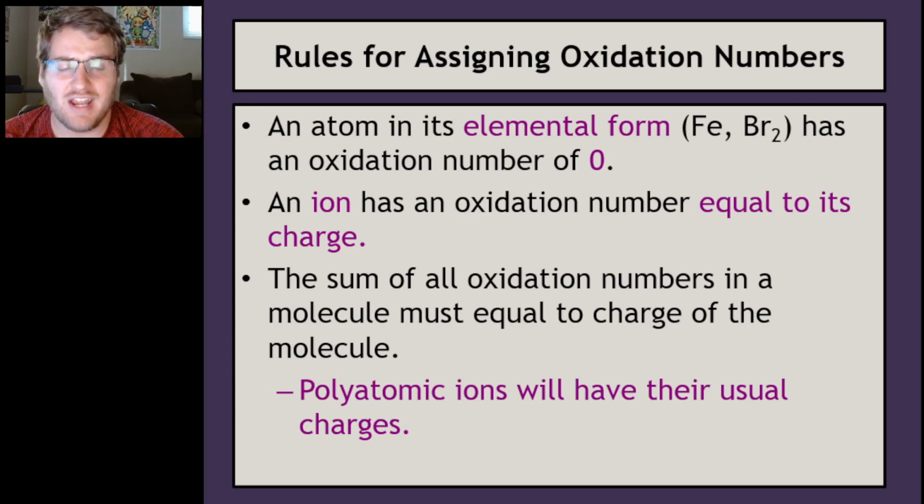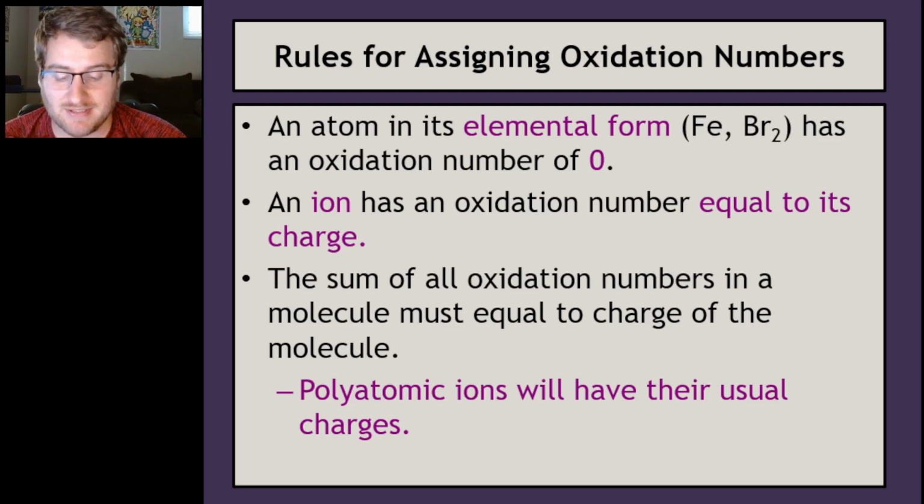And last, the sum of all oxidation numbers in a molecule must equal the charge of that molecule. So if my giant compound has an overall charge of 3 minus, that means if I add together all the oxidation numbers in that compound, the sum must also be 3 minus. In addition to that, polyatomic ions have their usual charges. Now, these are the rules I've given to you first.